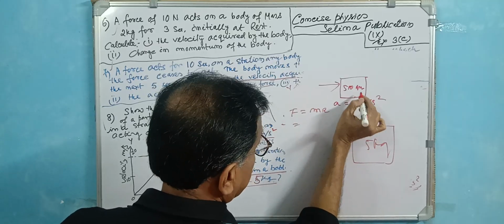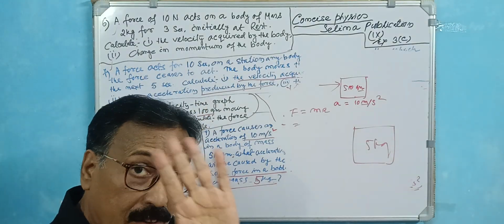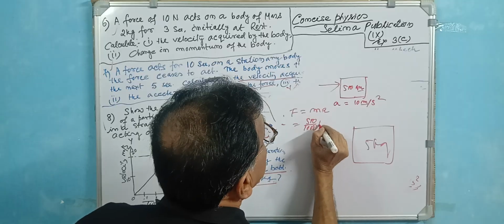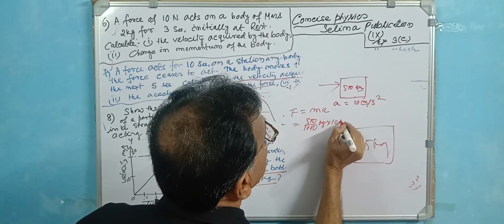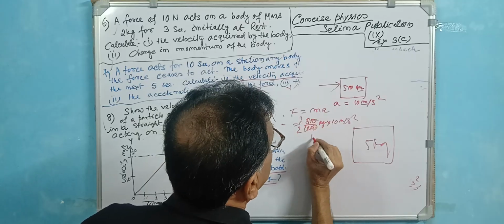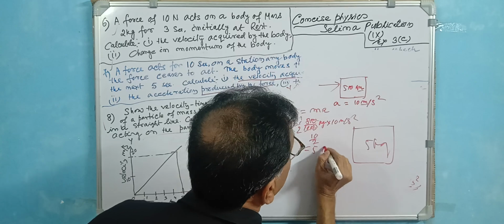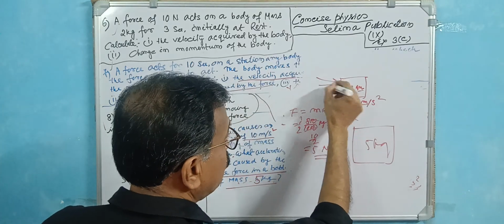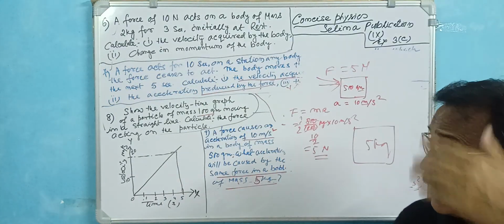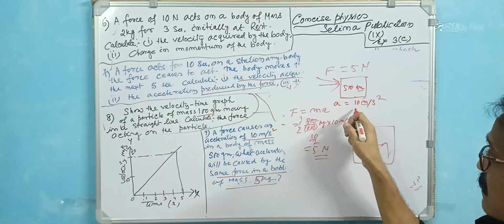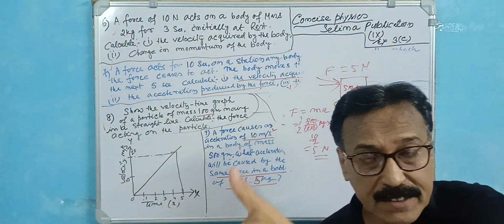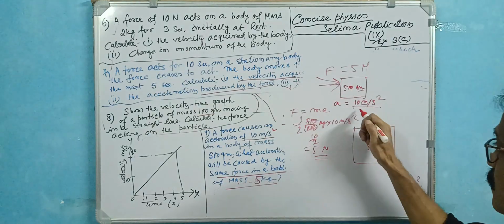This is SI system, this is the CGS system, first convert. So 500 by 1000 is the kg and this is 10 meter per second square. Actually this is half so 10 by half, that is the 5 Newton. That means the force acting on is the 5 Newton. Is clear to you? A force cause an acceleration developed in a body of mass 500 gram, the force is acting on it and developed acceleration is 10 meter per second square.